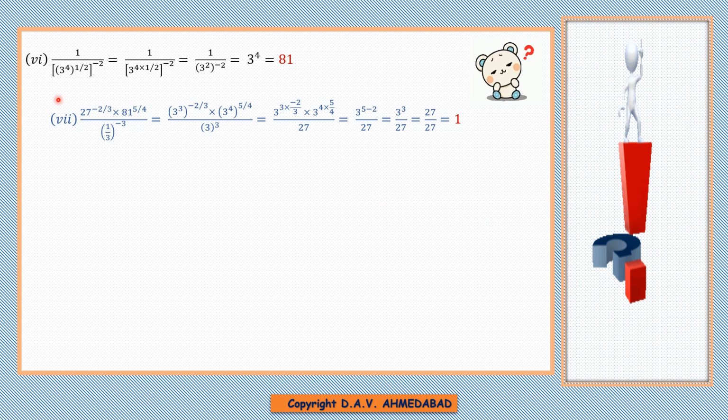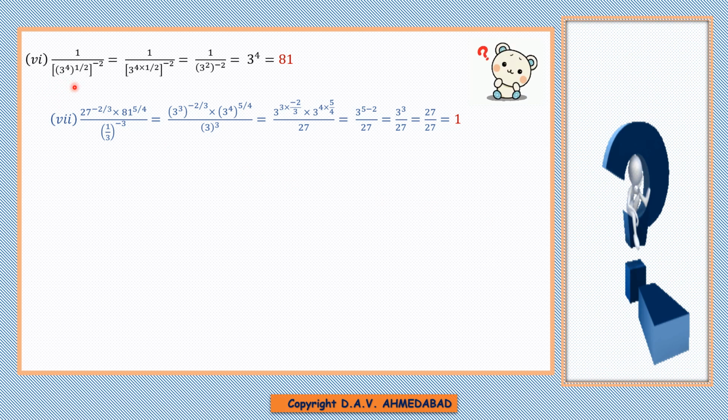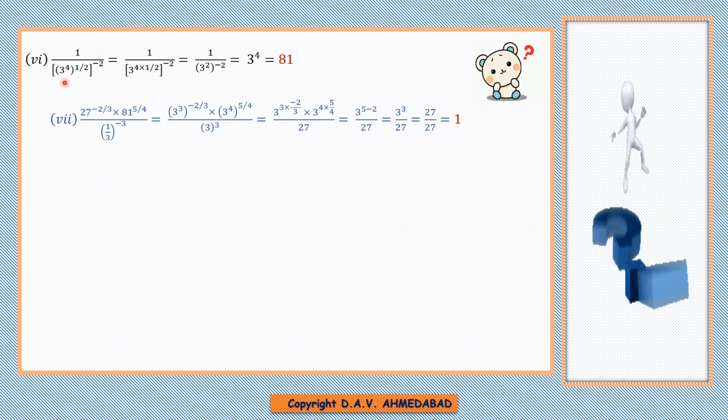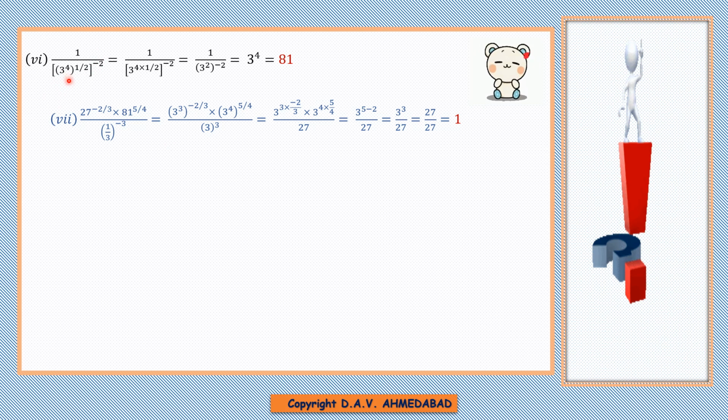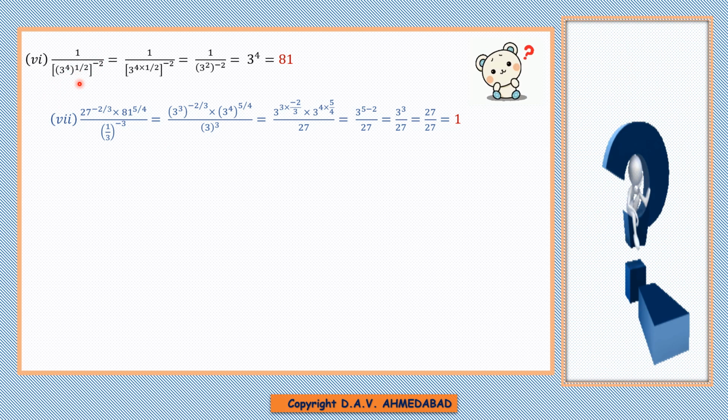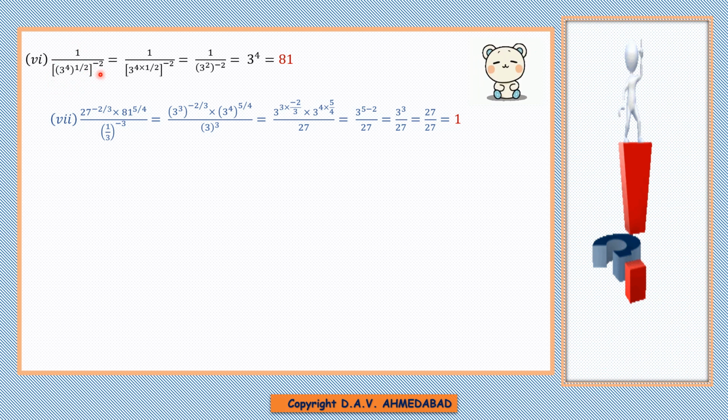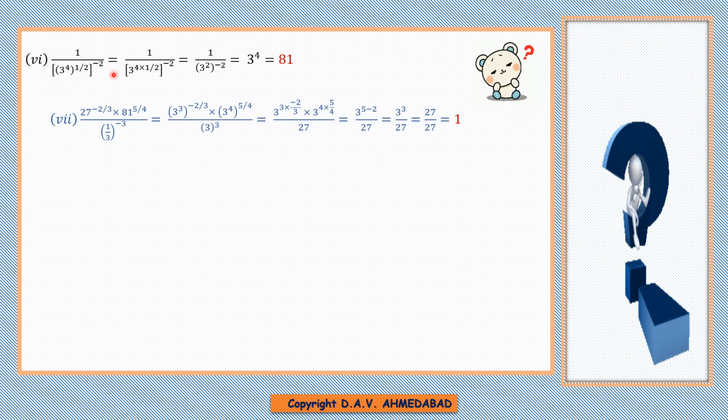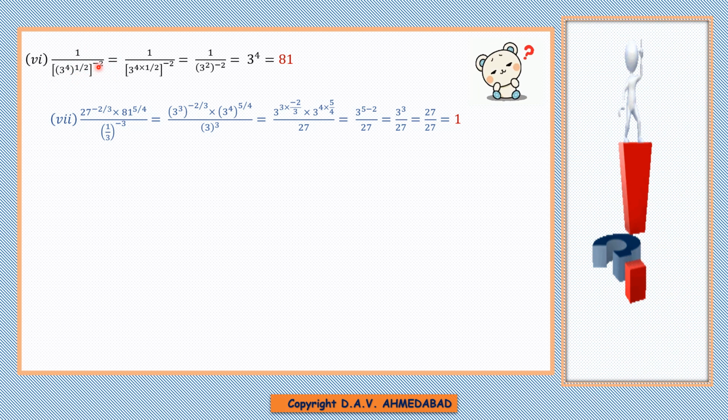Now sixth part is 1 by 3 raised to the power 4 whole raised to the power 1 by 2 and then whole raised to the power minus 2. Simply we need to multiply the powers, right?